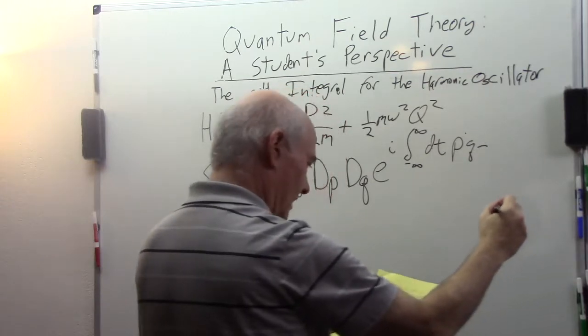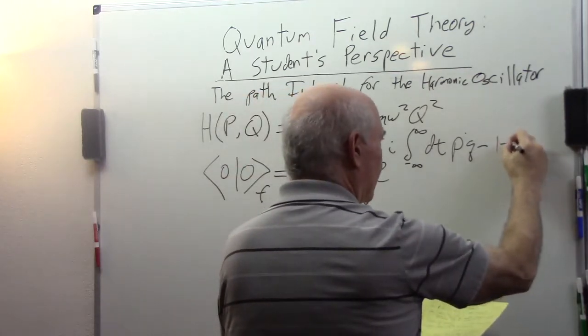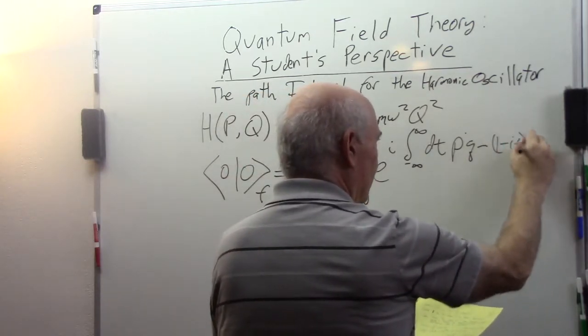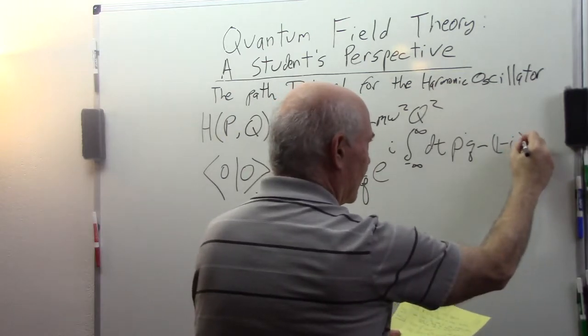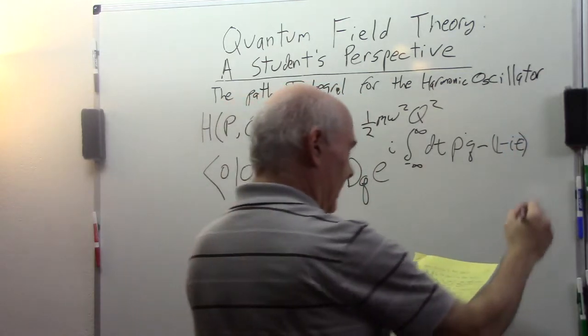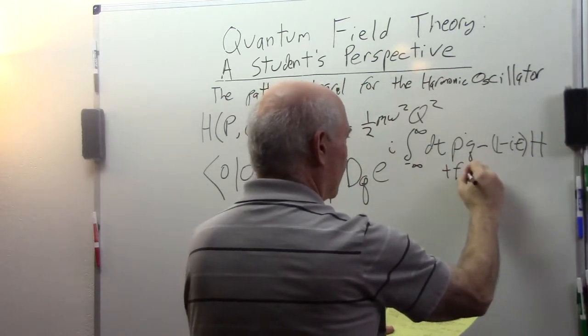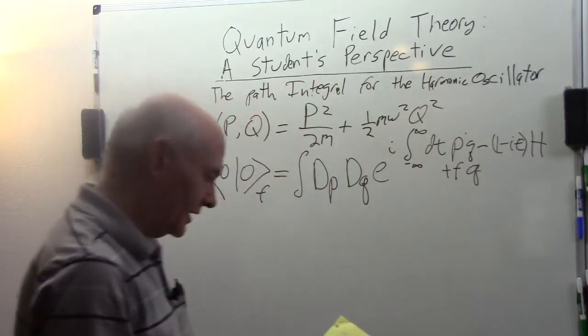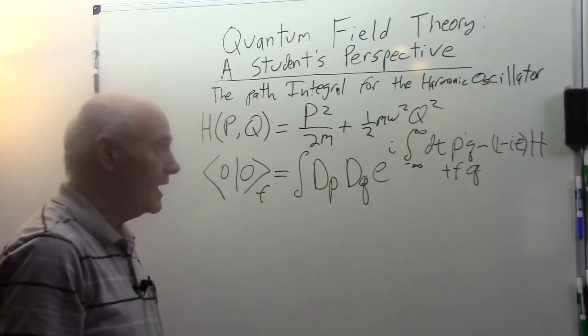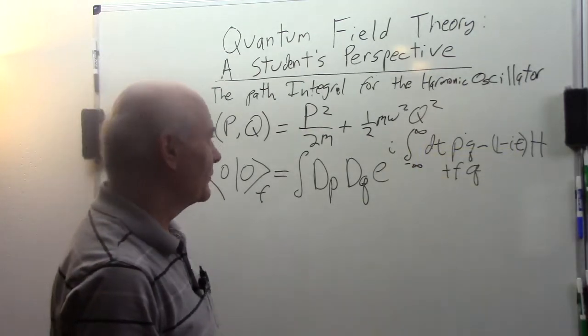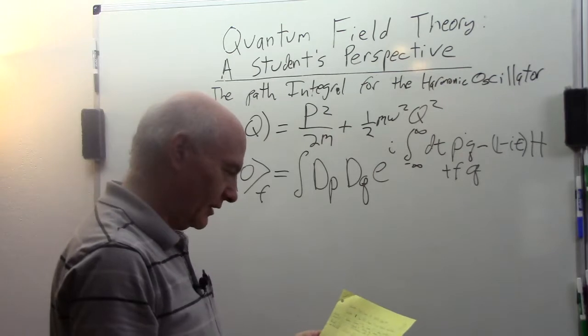minus 1 minus i epsilon, I'll explain this epsilon in a second, H, all right, plus f q. So this epsilon is designed to enforce boundary conditions, and we talked about it.